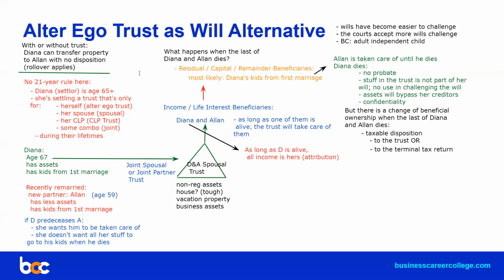So we want to give her a way to build a layer of protection for her assets, where she's going to have a trustee now, and any investment decision that she makes is going to have to pass through that trustee. And in order to encourage her to do that, we're going to say, go ahead, Diana, set up the trust. We don't need you to have a 21-year rule, because really you're not getting any kind of tax benefit out of this. It's just to give you that incentive to reduce the likelihood of elder abuse.